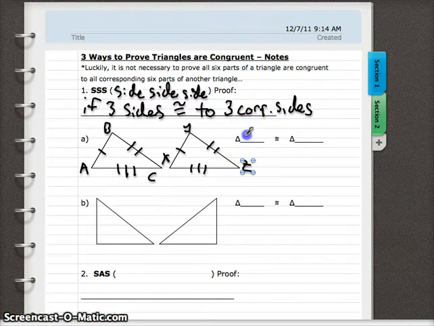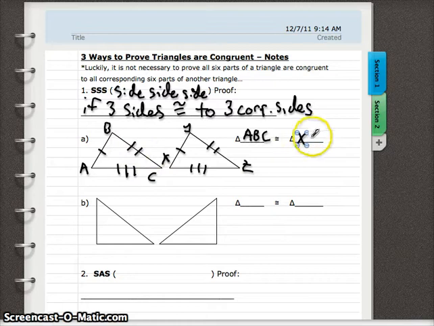So if we call this first one triangle ABC, it doesn't matter what order you put these letters in, as long as the second triangle that you name has its corresponding parts in the same order. So we have to say what's corresponding with A, because that's the first thing we have to put in the other triangle's name. Well, A was corresponding with X, so X comes first over here.